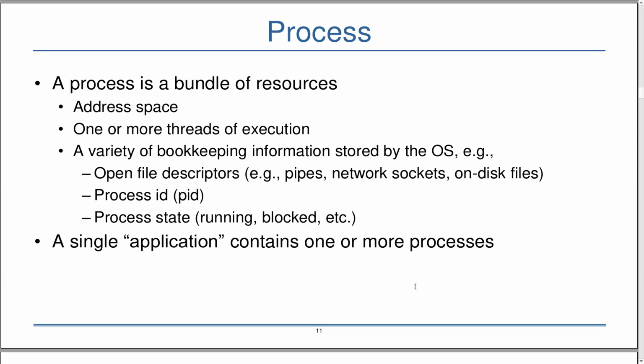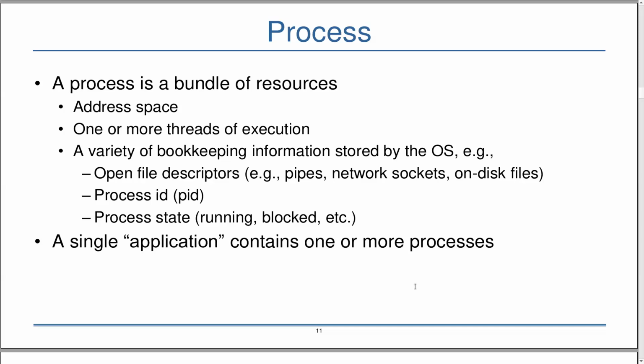That's like when you want to terminate a process, you run the kill command in the terminal. For that you need the process ID. If you know the process ID, you can terminate the program. Then process state, whether it's running or blocked. We will also talk about scheduling. When we talk about scheduling, we'll talk about different states of processes.